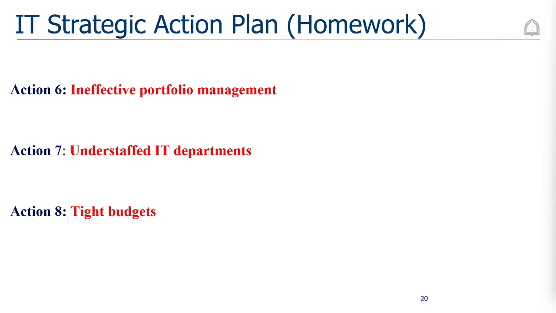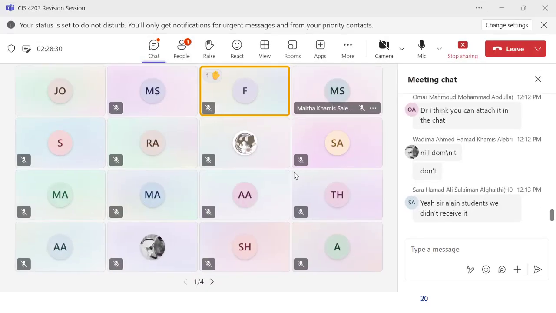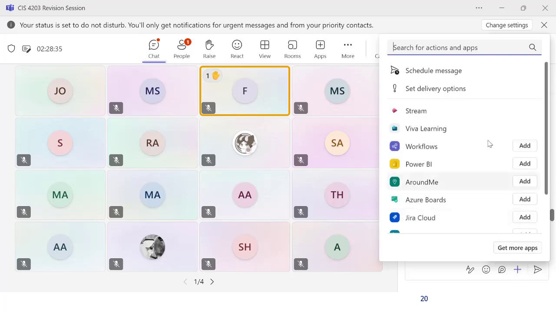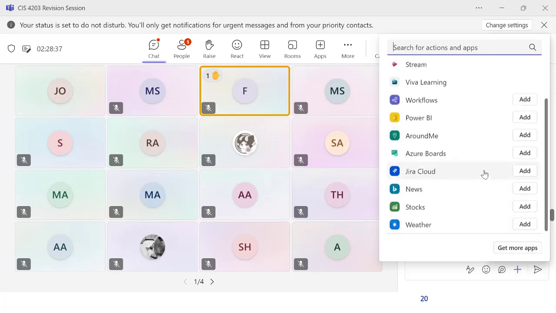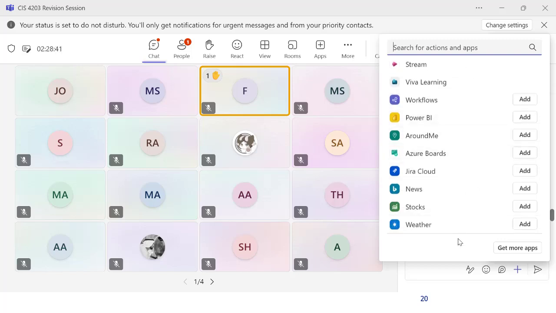For some reason, if you go here, Omar, usually there's a place where you can attach, but I can't find the attaching place. It's been strange. It would have been easier for me to send it on this chat, but I don't know.